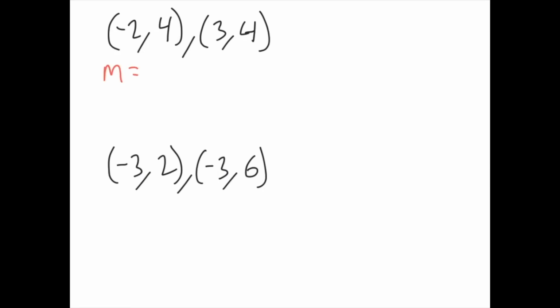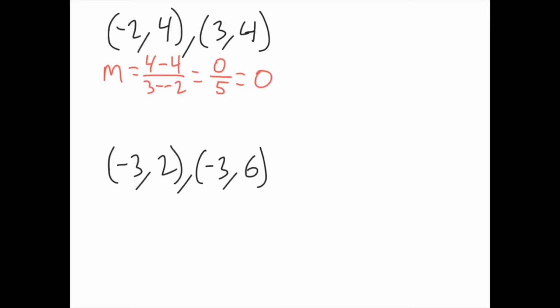M equals y2 is 4, y1 is 4, x2 is 3, x1 is -2. 4 minus 4 is 0, 3 minus -2, you add those, so that gives you 5, and 0 divided by anything is 0. So our slope is 0.